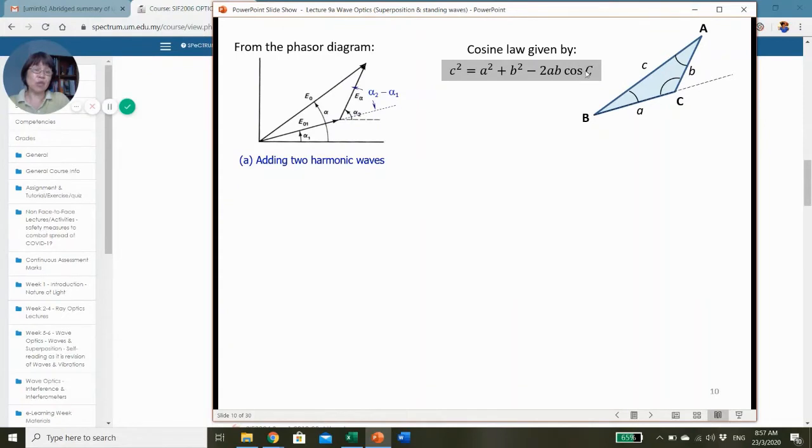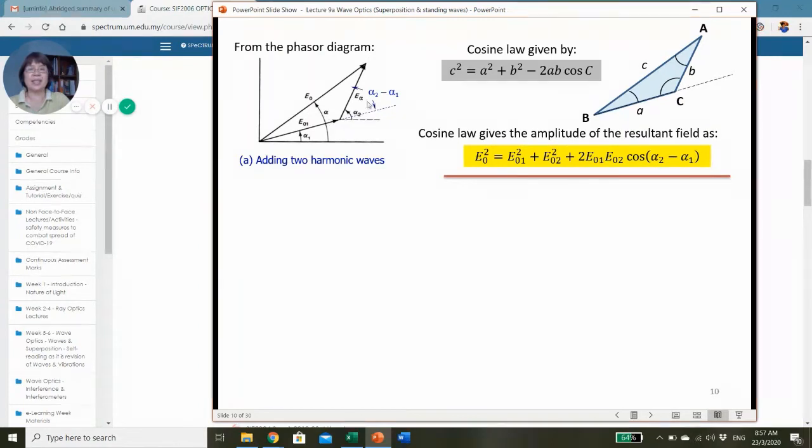But if we use this complementary angle, which is pi minus C, then we turn this into a positive because it becomes negative cosine C. Negative becomes positive. As you can see here, the angle we look at is alpha minus alpha 1.